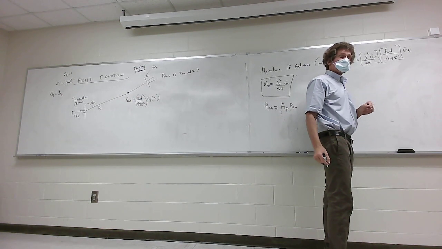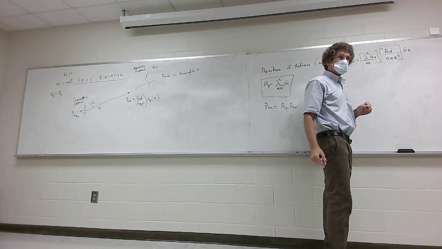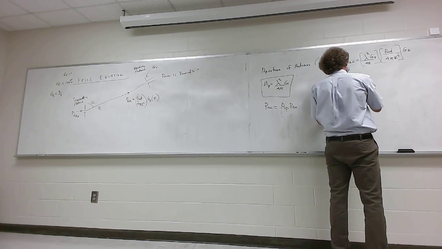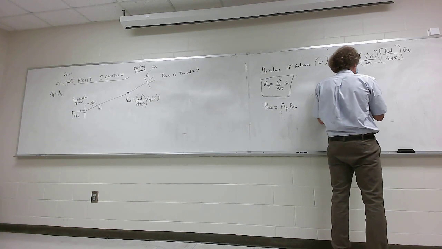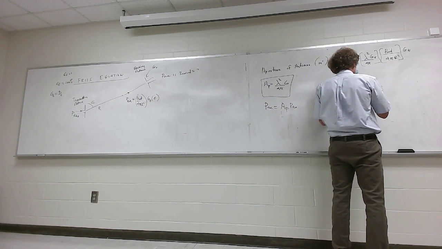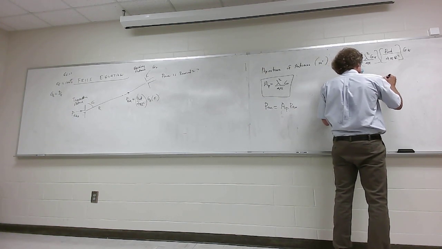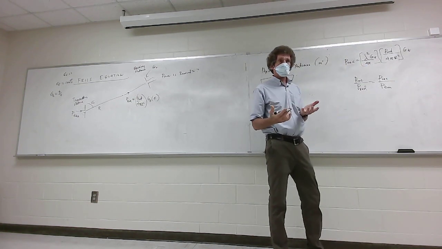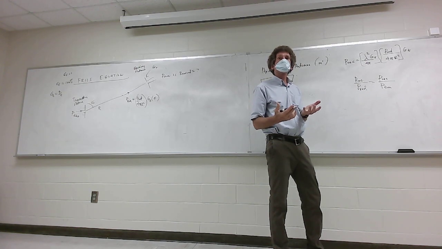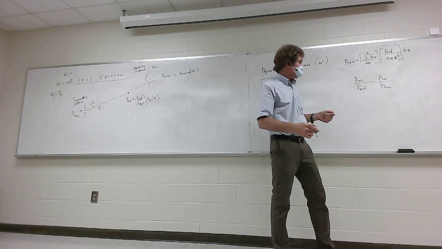Now, usually with the Friis equation, they do this. They want the ratio of P received to P radiated or transmitted. Dr. Whitmer's book is going to have something like P received over P transmitted. Radiated, transmitted is the same thing. It's how much power is launched from the actual antenna that's sending the signal.